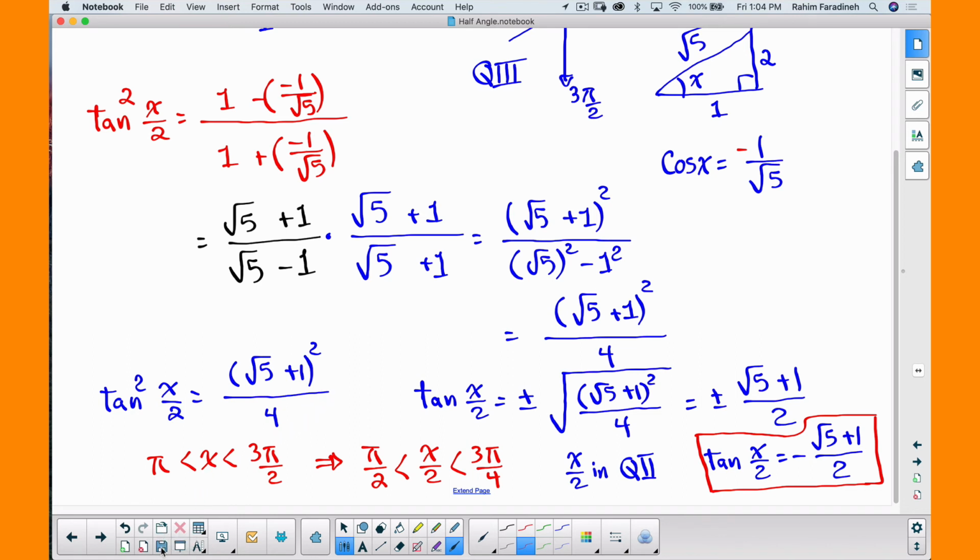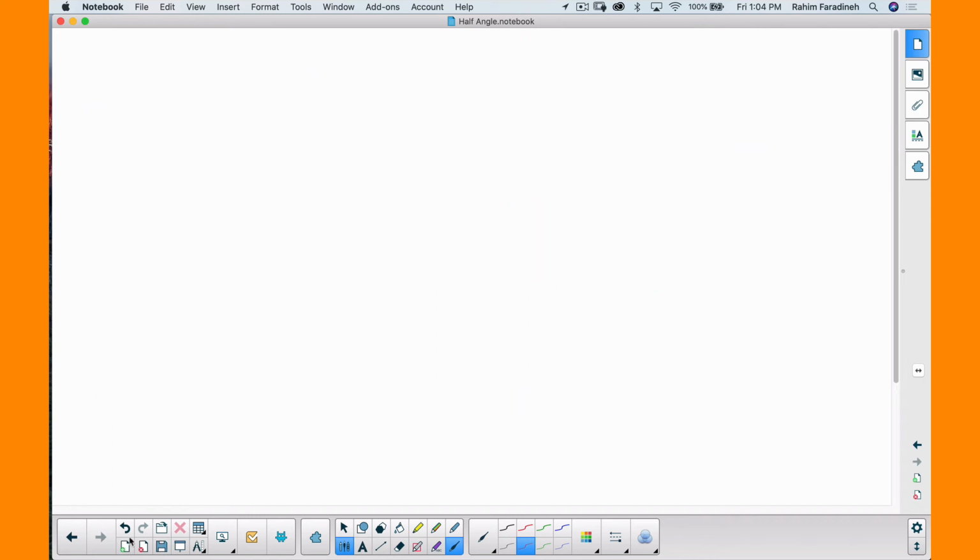Let's look at another example. We can show that sine of 7 pi over 12 is equal to radical 2 plus radical 6 divided by 4.